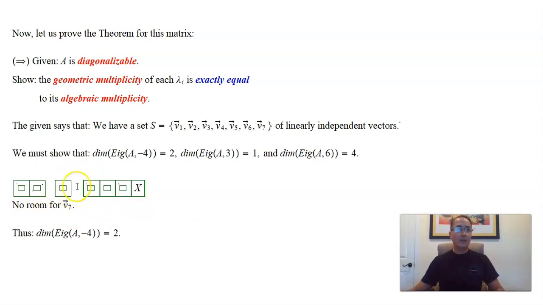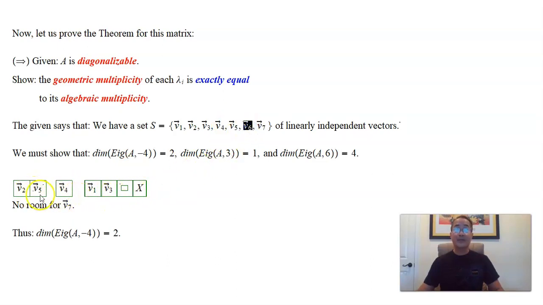Play the same game. Where is V1 going to go? Maybe in the third. Where will V2 go? Maybe in the first. Where will V3 go? Maybe in the third. V4, how about over here? V5, how about over here? See where this is going?